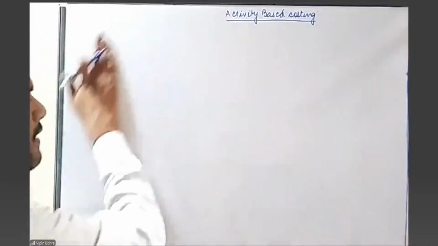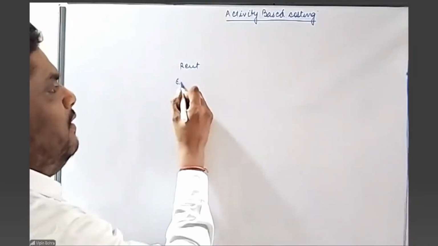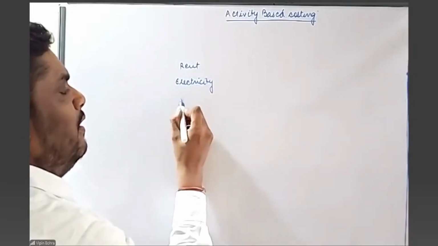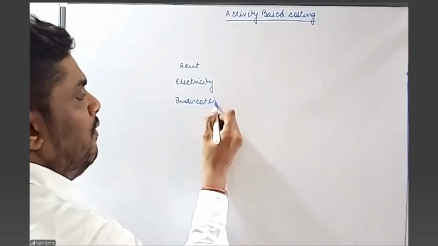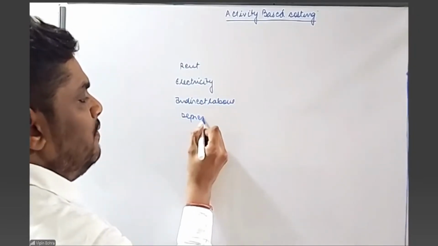Now, what you guys studied in overhead? See, in overhead, you guys studied that these are the overheads, let's say rent, electricity, indirect labor, let's say depreciation.